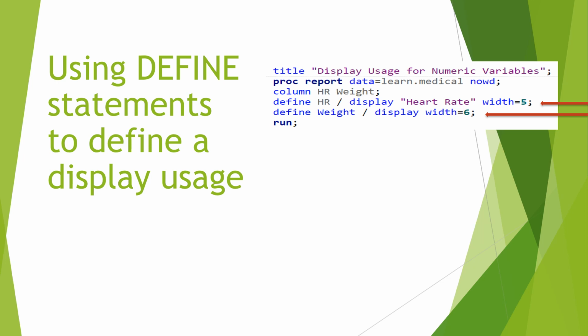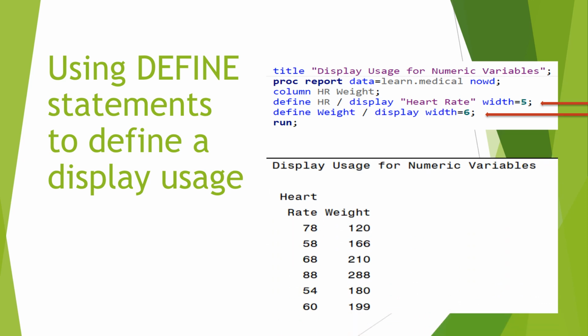Besides defining the usage as display, the define statement for HR adds a label placed in quotes and a column width. Look at the output here to see the effect of these two define statements. Now you can see a detailed listing of every observation rather than a summary of statistics.